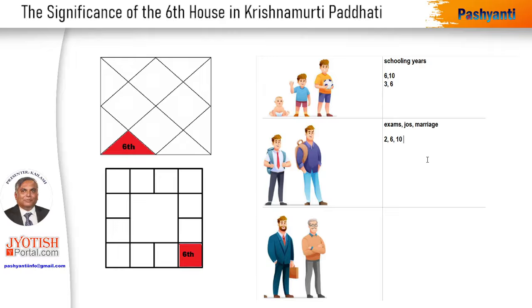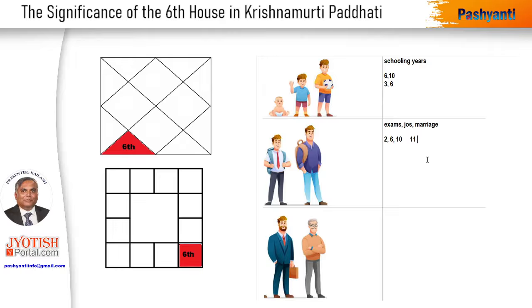So again the 6th house becomes important in this age group, and one must have this 2, 6 and 10 combination play out at the appropriate age. Then he or she can get a proper job. And if the 11th house is also involved, then one can get a dream job, or one will be satisfied with whatever job opportunity he or she gets.